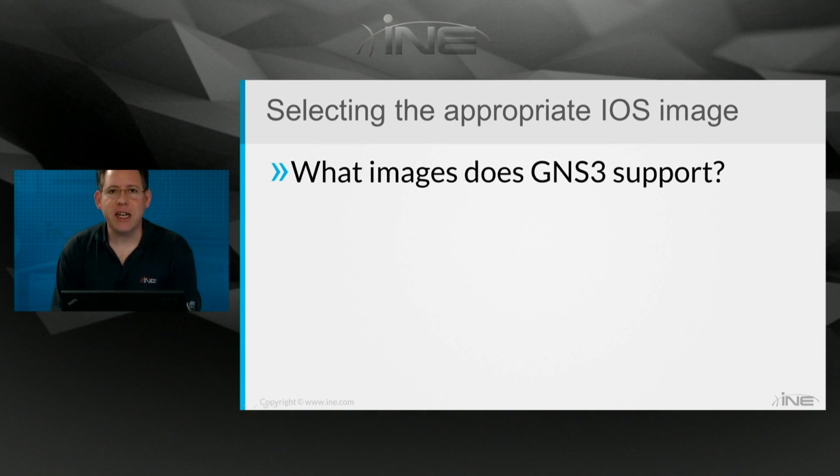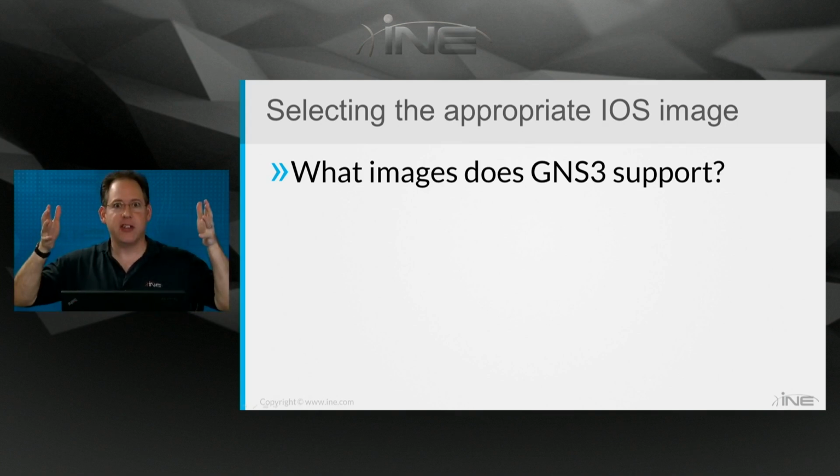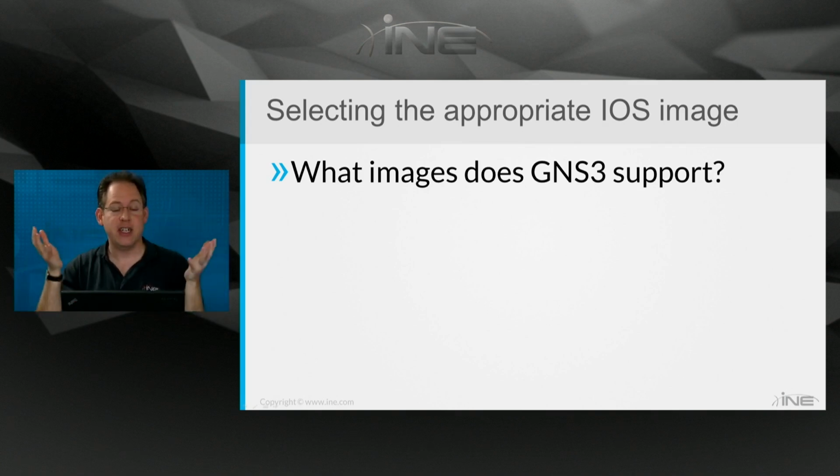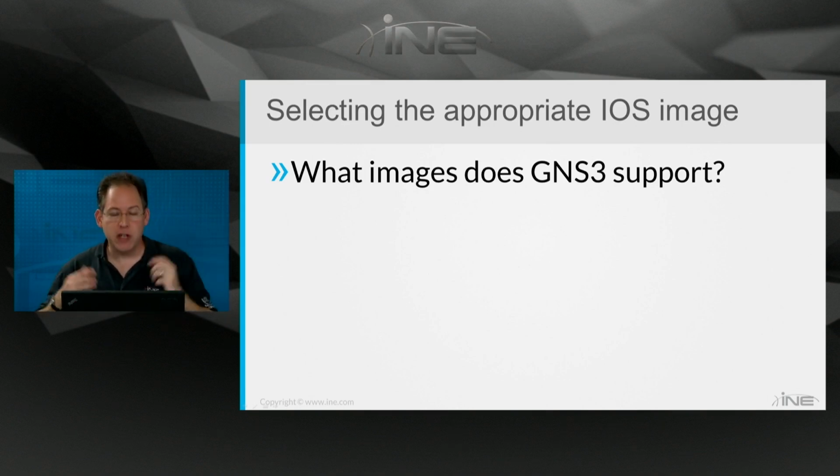Because GNS3's main job is to emulate Cisco hardware, in other words, you're using real Cisco iOS software within the GNS3 application, but you don't have a chassis, you don't have anything physical that you can feel and touch, and yet that software needs to believe that it's running within a real Cisco router, and that's the real power of GNS3.